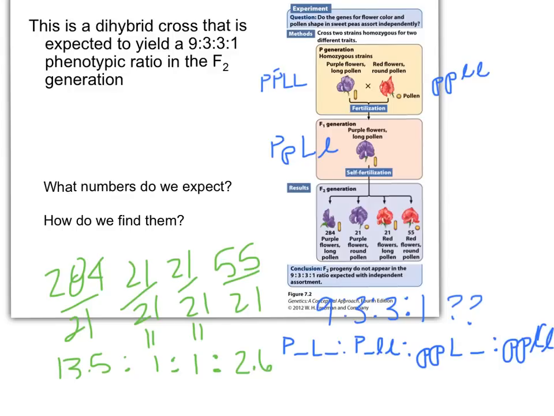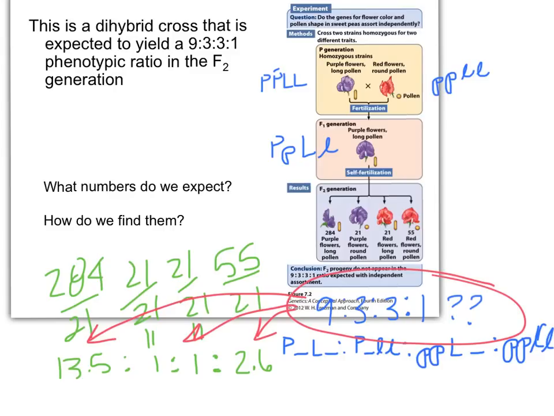So is 13.5 to 1 to 1 to 2.6 anything close to 9 to 3 to 3 to 1? No. Anything that deviates from 9 to 3 to 3 to 1 this distinctly is not even close. Nobody would argue with you that there's anything close to 9 to 3 to 3 to 1.